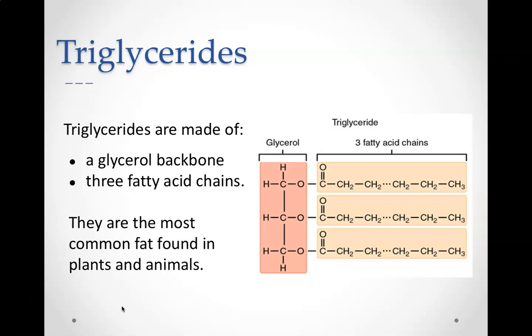Triglycerides, as the name suggests, is tri, meaning 3. We've got a glycerol backbone here, and then 3 fatty acid chains that come off of it. This is the most common type of fat or lipid found in plants and animals.